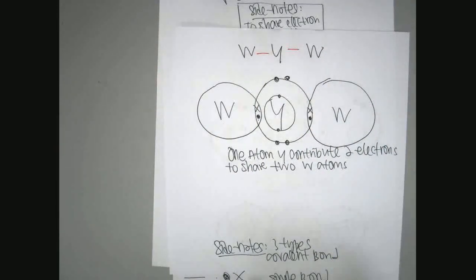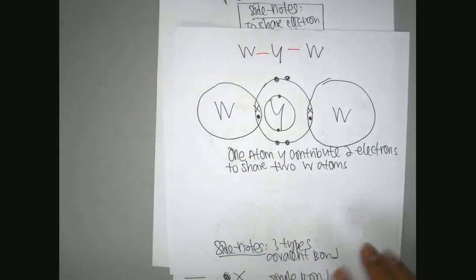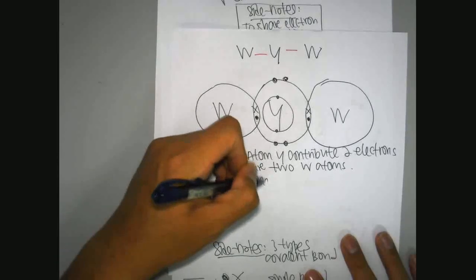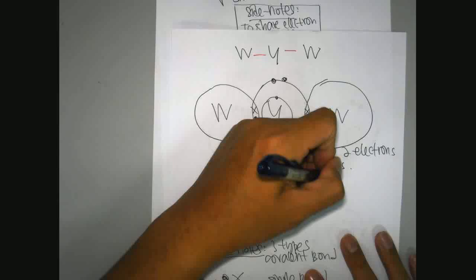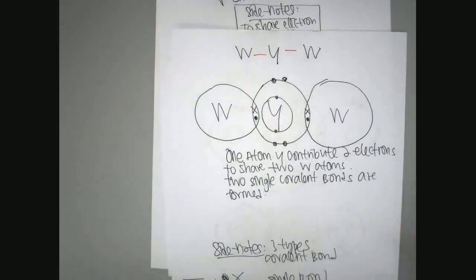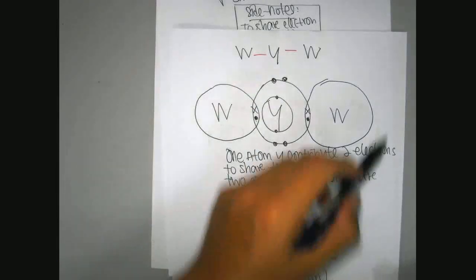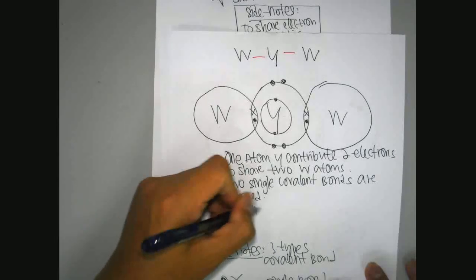Okay, so you write this. One atom Y contributes 2 electrons to share with 2 W atoms. After that, 2 single covalent bonds are formed. At the end of the day, when you form a covalent bond, this whole thing is called a covalent compound.